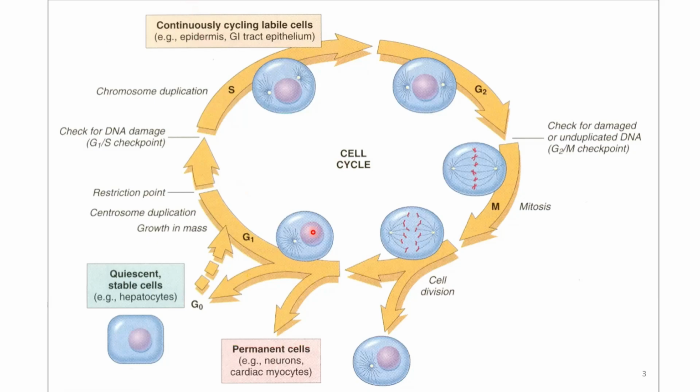Okay, so this is the cell cycle. Quickly I'll tell you what happens in each phase. G1, S and G2 are together called interphase, which is nothing but a cell preparing itself to undergo mitosis. S is of course synthesizing your DNA material.